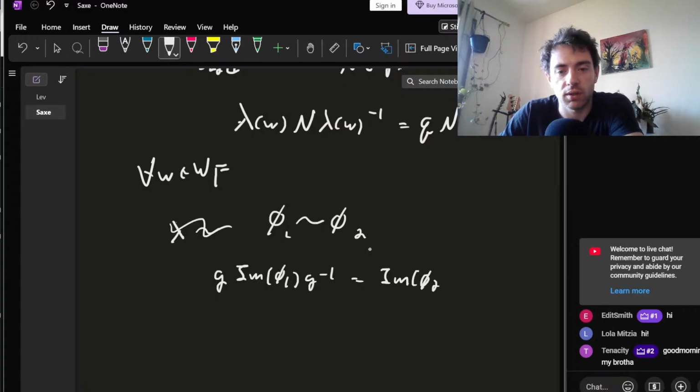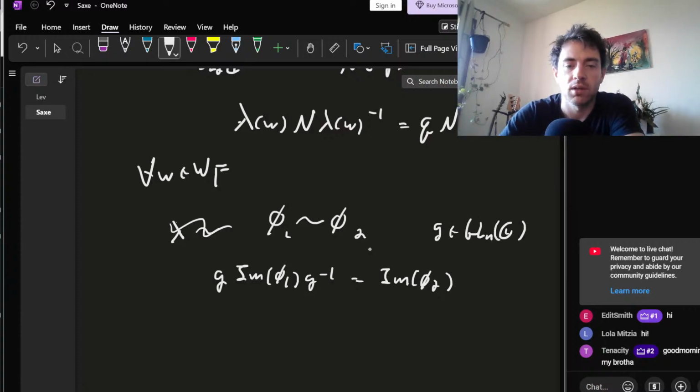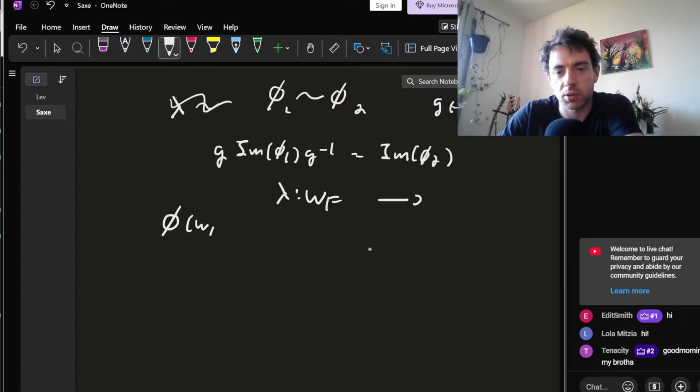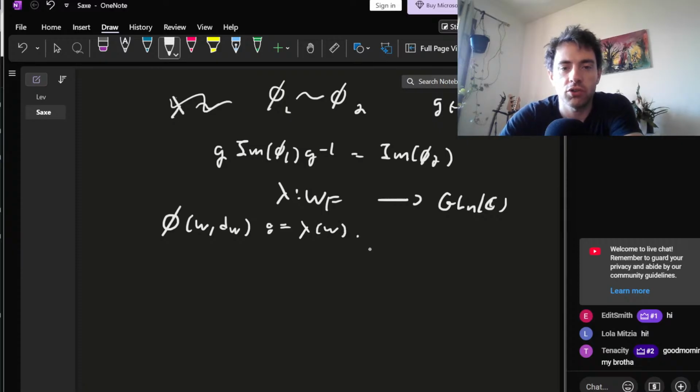Some g in GL_N(C). But now, if we want to look at those infinitesimal parameters that are equal not just up to equivalence, but, let's say, bang on the nose, we fix a representative for an infinitesimal parameter, and I want to look at all of those where, bang on the nose, these are equal as functions.